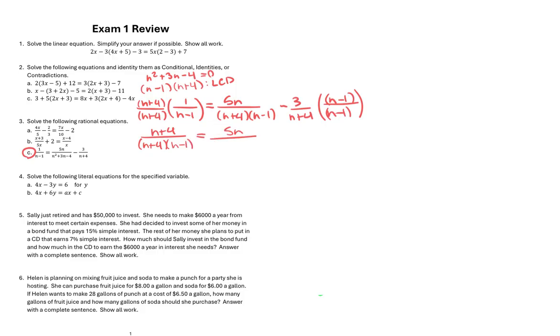That's not going to change. I'm going to write the 5n and the 3 under the same denominator because they have the same denominator now. 5n, and then I have a minus 3 times n, so minus 3n, and then a minus 3 times a minus 1, so plus 3 up top. Perfect, all over n plus 4 times n minus 1.